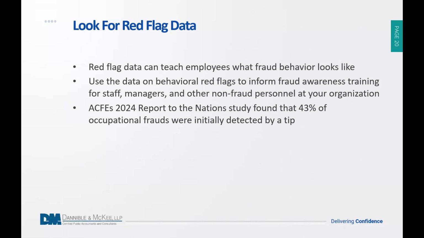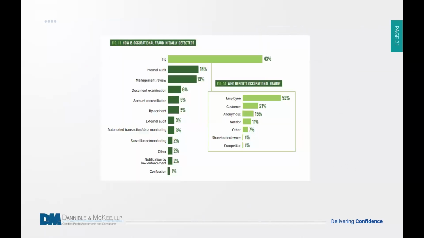The ACFE's 2024 report that they released a few months ago showed that 43% of occupational frauds were initially detected by a tip. And out of that, 52% of these tips are coming from employees within the business. The employees notice stuff, they're more involved in the day to day.